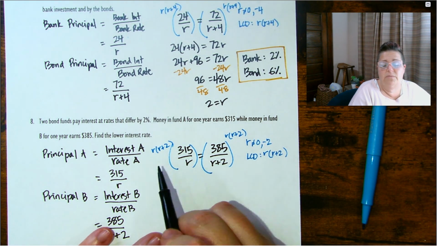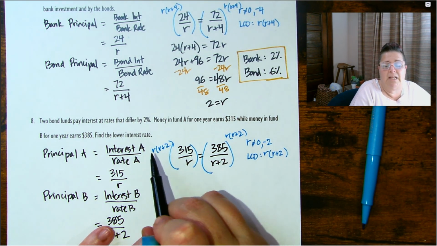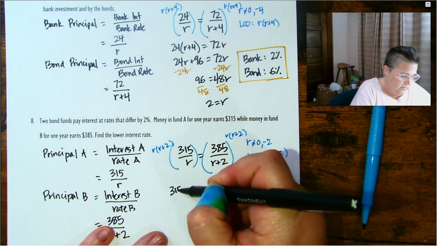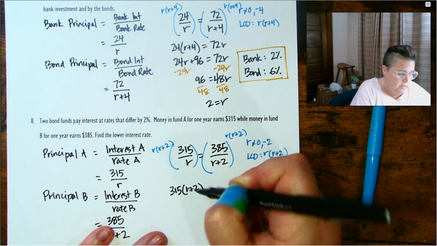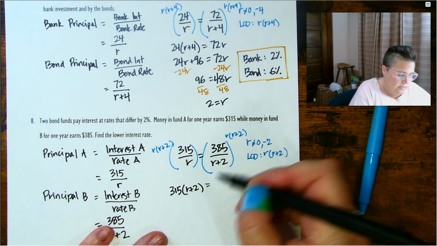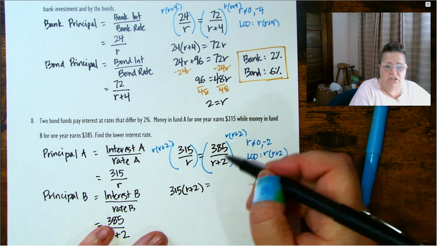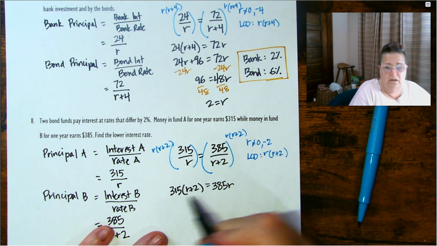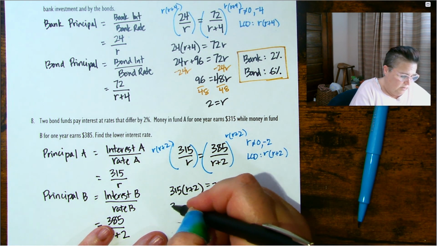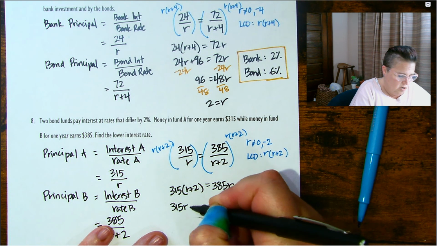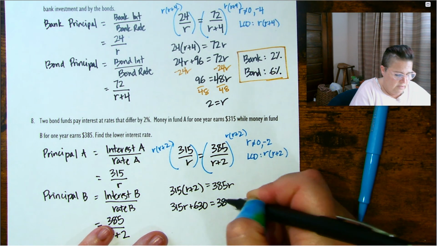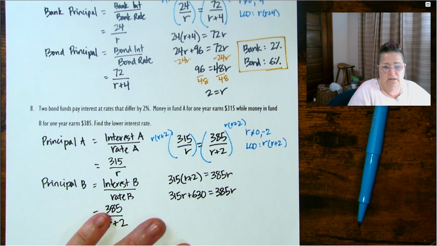All right, multiplying both sides by that common denominator, I notice that the R's will cancel, so this will be 315 times R plus 2 on the left side, and on the right side, it's the R plus 2's that will cancel, so 385R. Distributing, 315R plus 630 is equal to 385R.